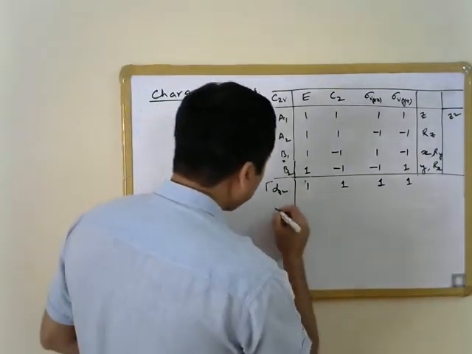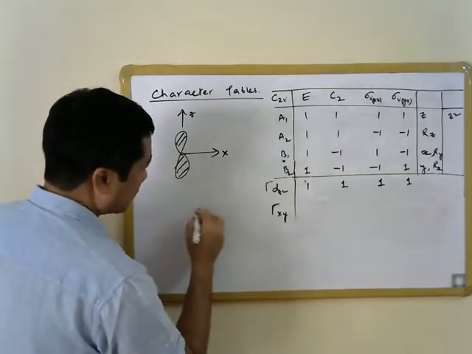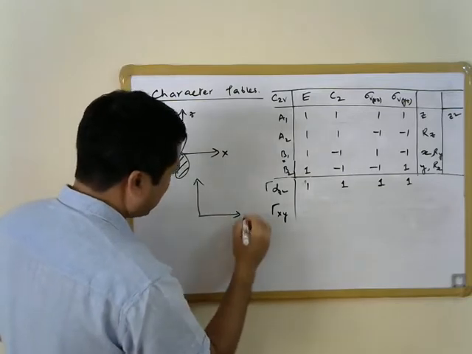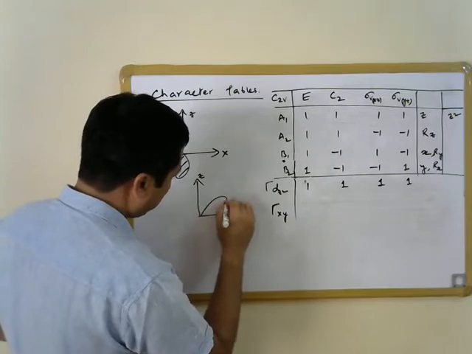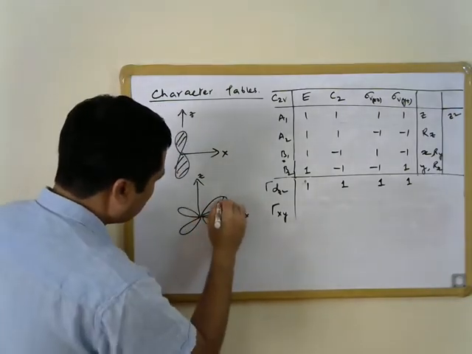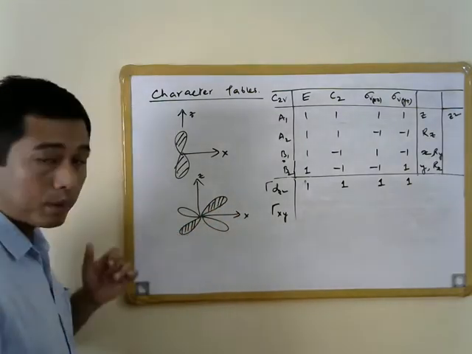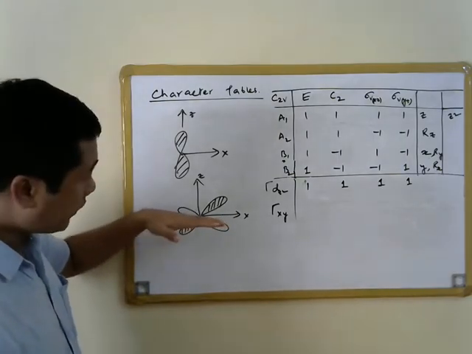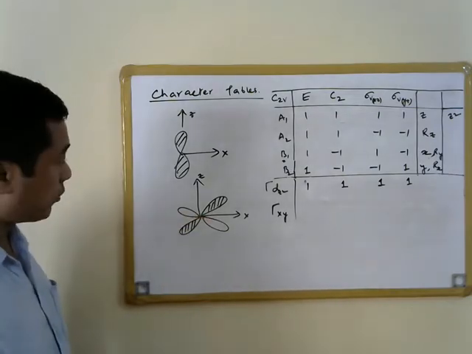Then we can also take the xy orbital. This is x, this is z, and if we consider that the x and z axes lie on the plane of the board, then the lobes of the dxy orbital will lie on a plane perpendicular to the plane of the board.